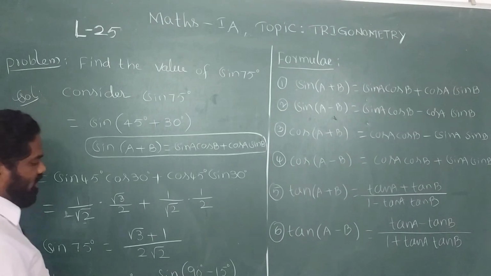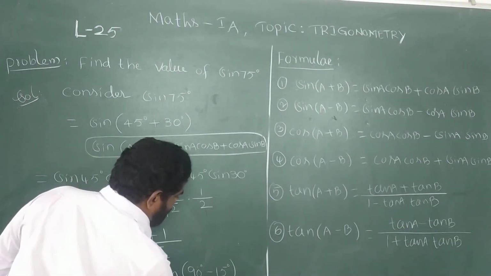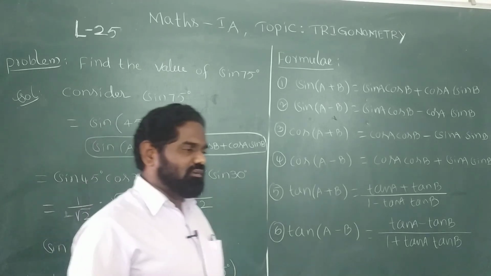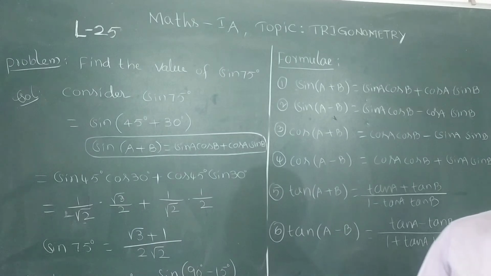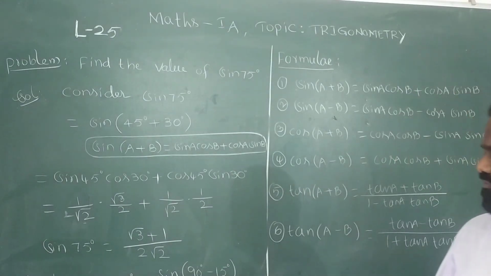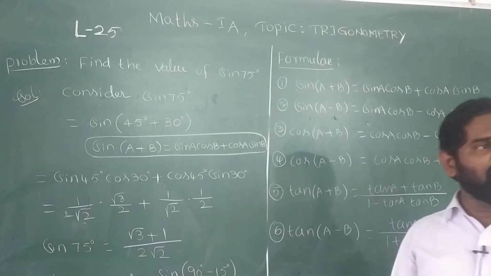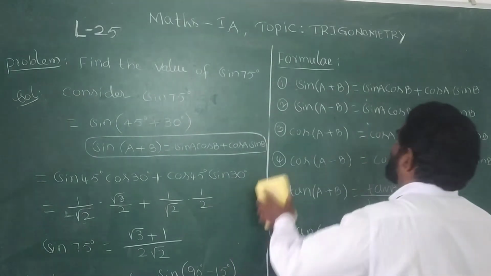Sine of 90 minus theta is cos theta, so sine 75 degrees value equals cos 15 degrees. Let us check the verification. Is cos 15 degrees equal to sin 75? Otherwise we can find other values also, such as sin 15.